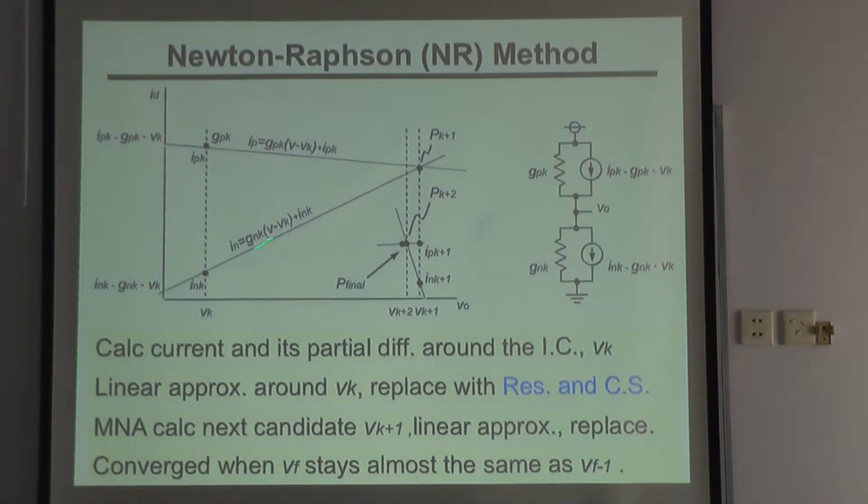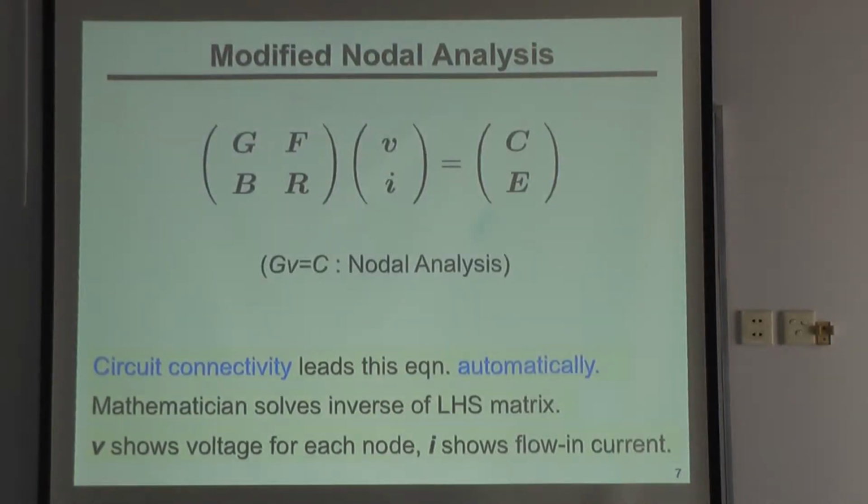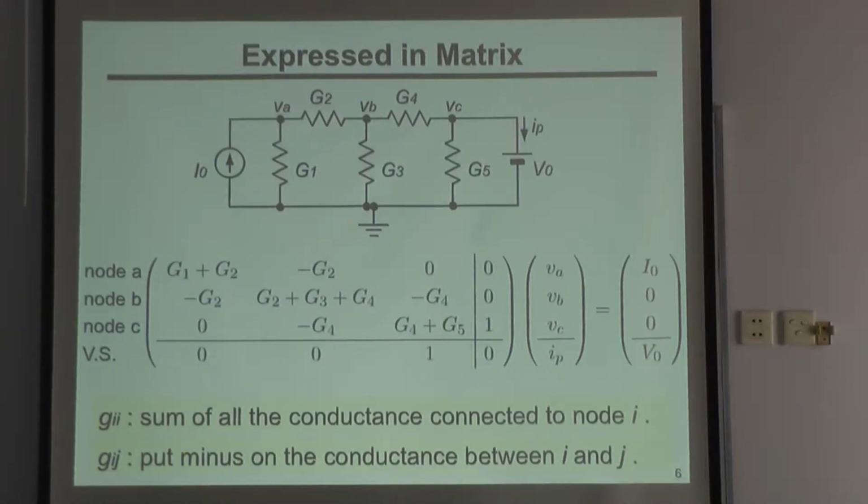So these equations are expressed as a conductance and current source, and these equations are also expressed as a different conductance and current source cell. So once we have these circuits, we can have this kind of expression, and we can have this matrix, and we can solve the V and I.